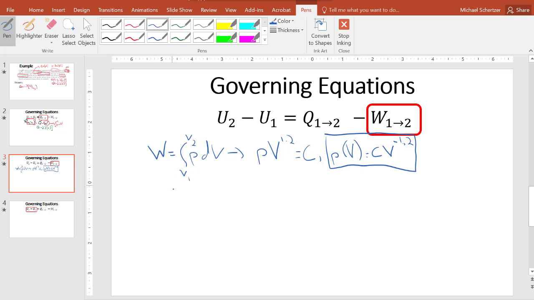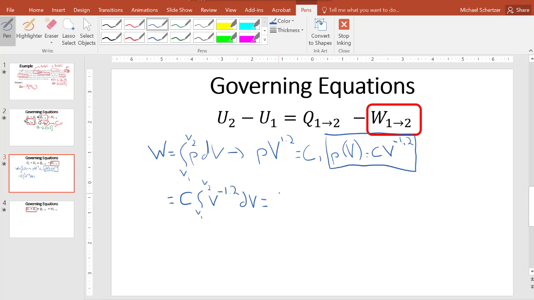So if I put that back into my integral, I can take the constant out. So this is going to be some constant, from v1 to v2, of v to the negative 1.2 dv.